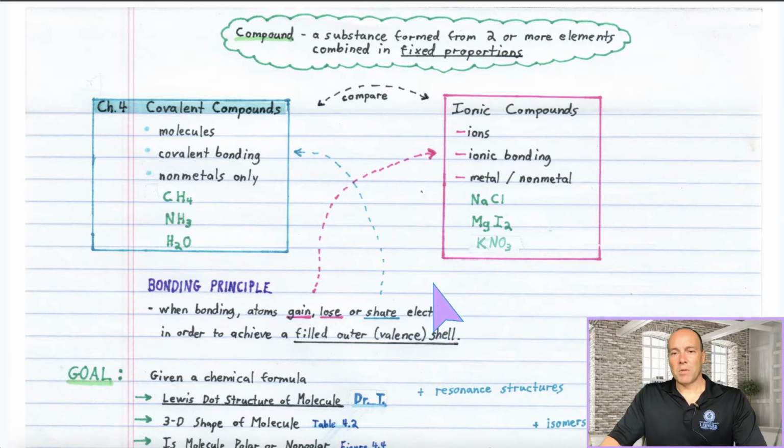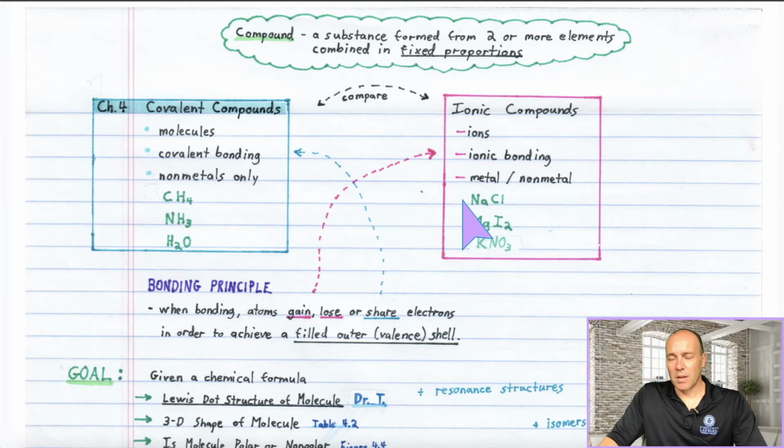In the last chapter, we discussed how atoms gain and lose electrons to become ions, and in doing that, they are trying to achieve a filled outer valence shell. They're trying to become like noble gas atoms, because noble gas atoms have filled valence shells.